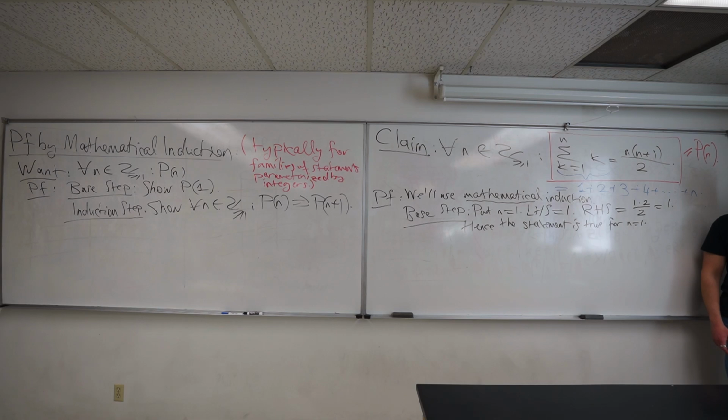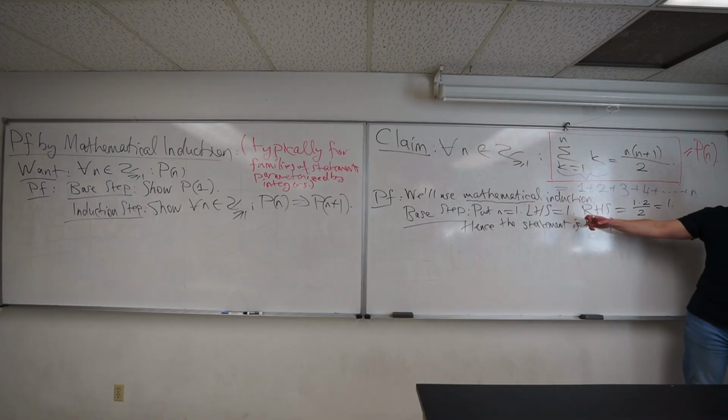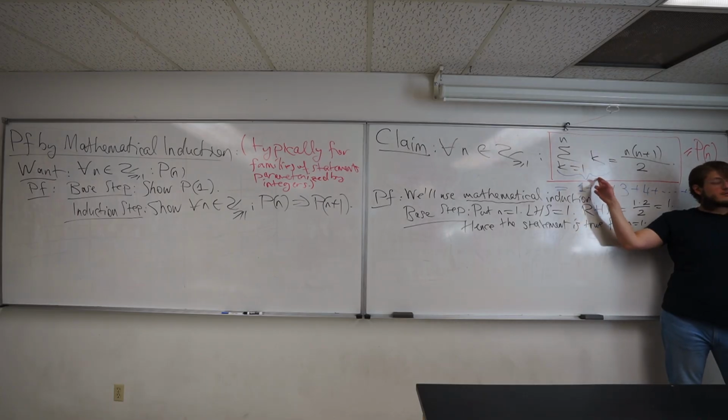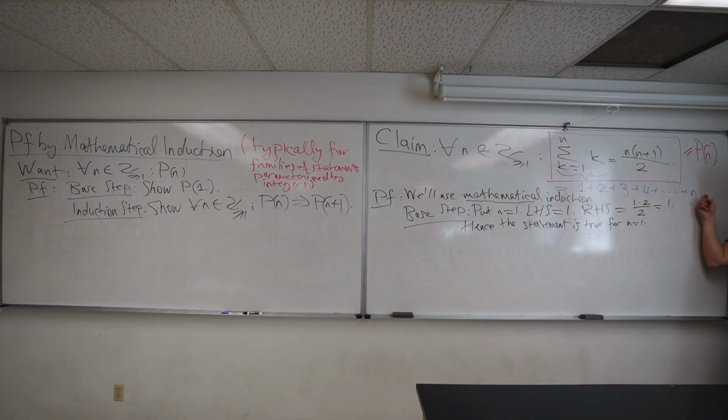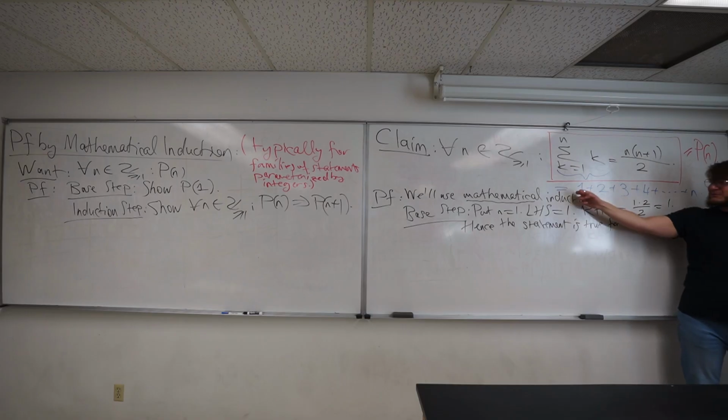I can understand the right-hand side, you plug in 1 in place of n. But the left-hand side, what does that symbol mean? This symbol is the sum of all integers from 1 to n. When n is 1, it's only 1. The sum of all integers from 1 to 3 is 1 plus 2 plus 3. The sum of all integers from 1 to 2 is 1 plus 2.